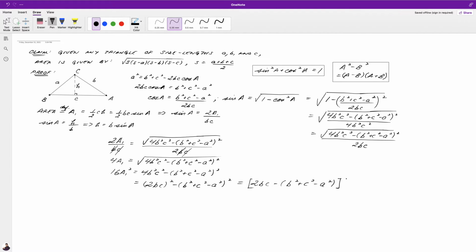Okay, and then I can think about it as 2bc plus the quantity b squared plus c squared minus a squared, all of that closed up.